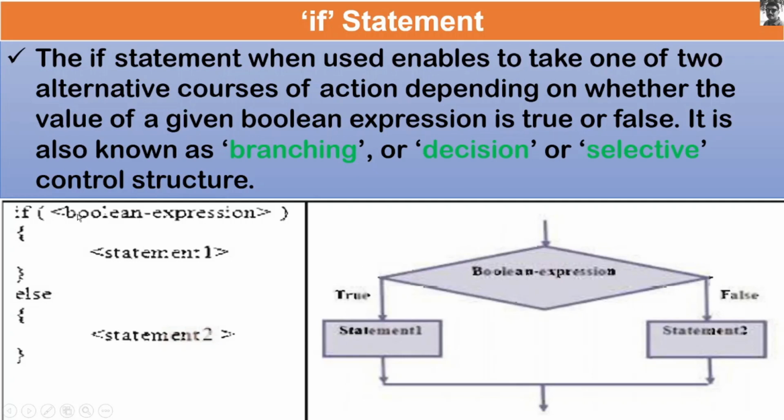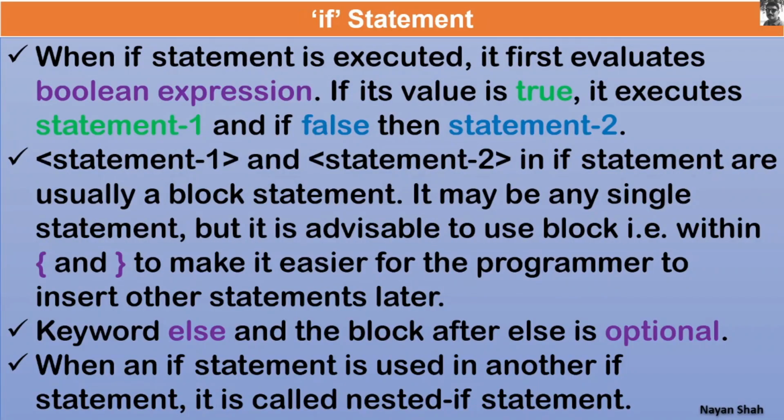Here also the same thing is shown in programming style. In if, within brackets we write the Boolean expression, and within a set of curly brackets we write statement 1, else again within a set of curly brackets we write statement 2. Now there is something to understand about these statements also. When the if statement is executed, it first evaluates the Boolean expression.